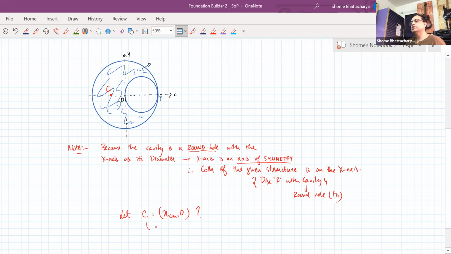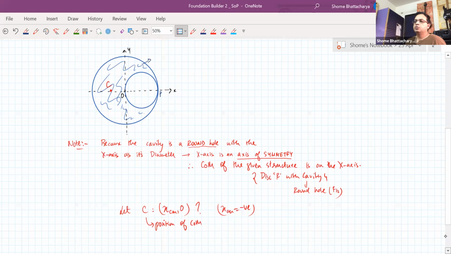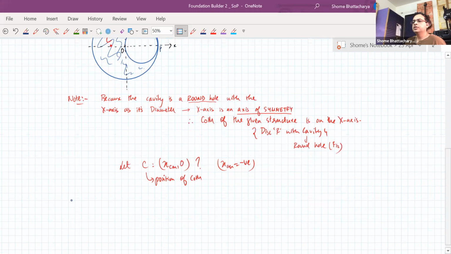You want to find the position of the center of mass. And xcm will obviously be a negative quantity. Now what we'll do here is we'll use the principle of superposition.